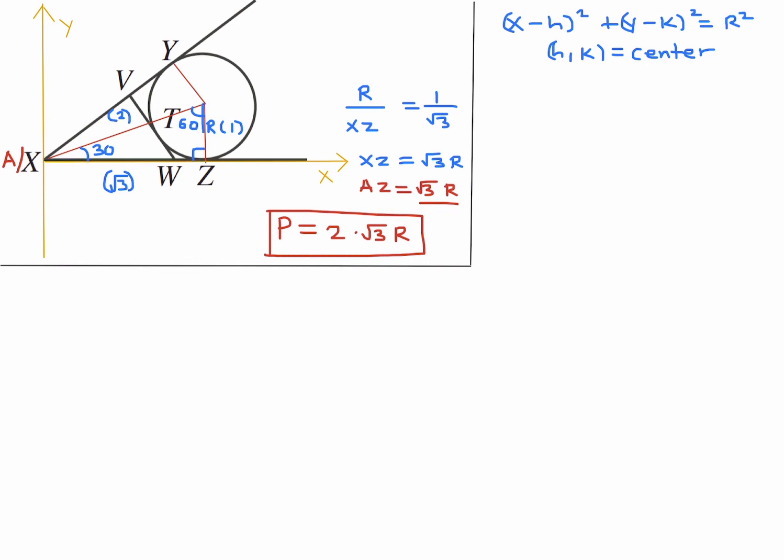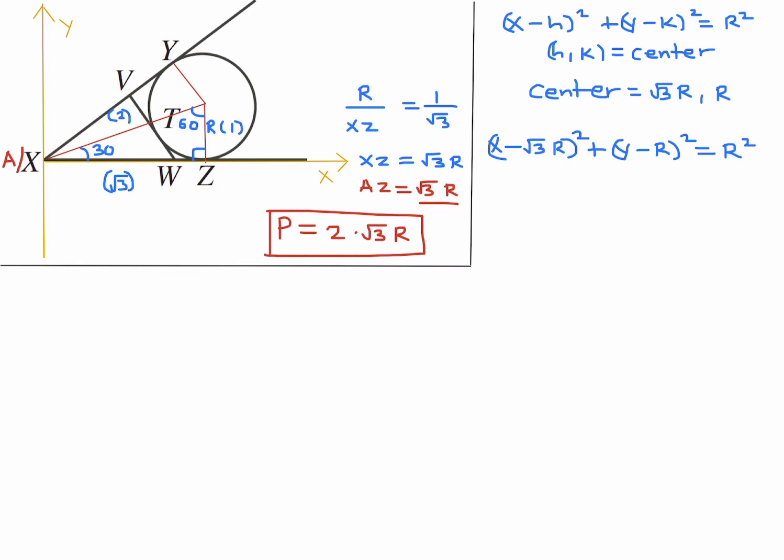And the distance from here to here represents the y-coordinate of the center. So my center for my particular circle here is (root 3 r, r). And whatever you want to use, you can use big R, small r, it doesn't matter. I'll just use big R. So that means my equation is (x minus root 3 r) all squared plus (y minus r) all squared is equal to r squared. Okay?